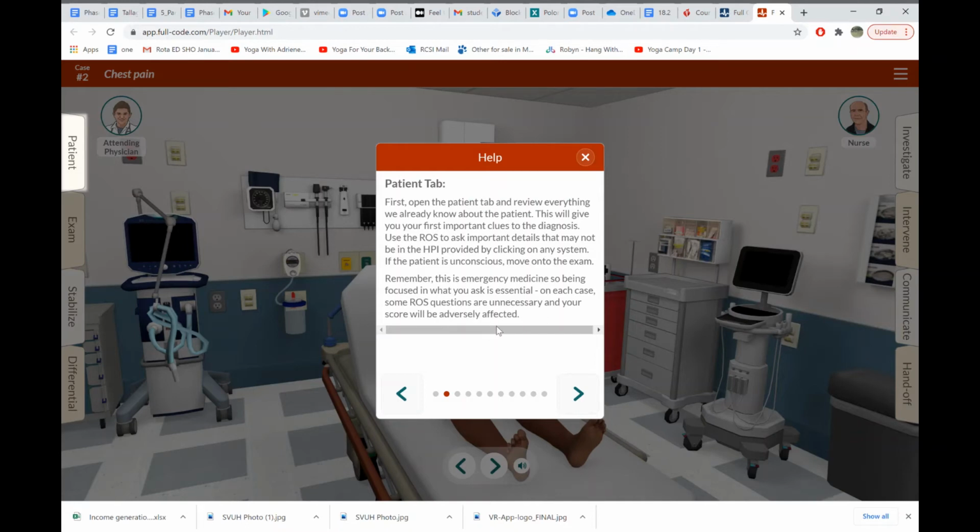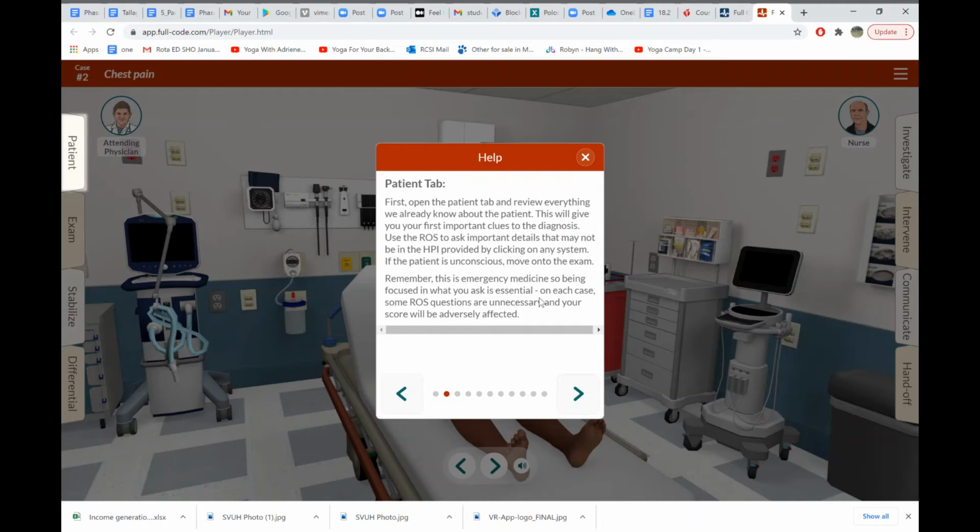Some systems are unnecessary, and your score will be adversely affected. So the idea here is that you're again clicking history taking, but you determine what system, whether that be the respiratory system or the neurological system, cardiovascular. So if somebody's come in, they've broken their toe, and you're asking about their neurological or cardiovascular system, it's not particularly relevant.